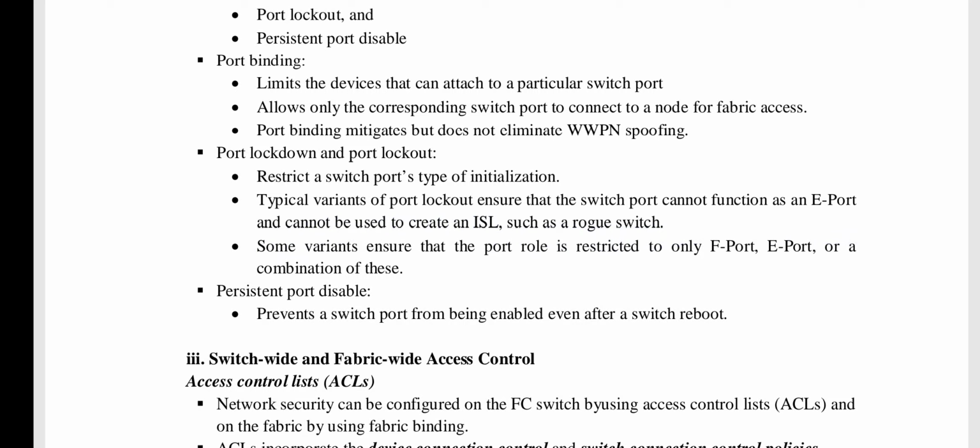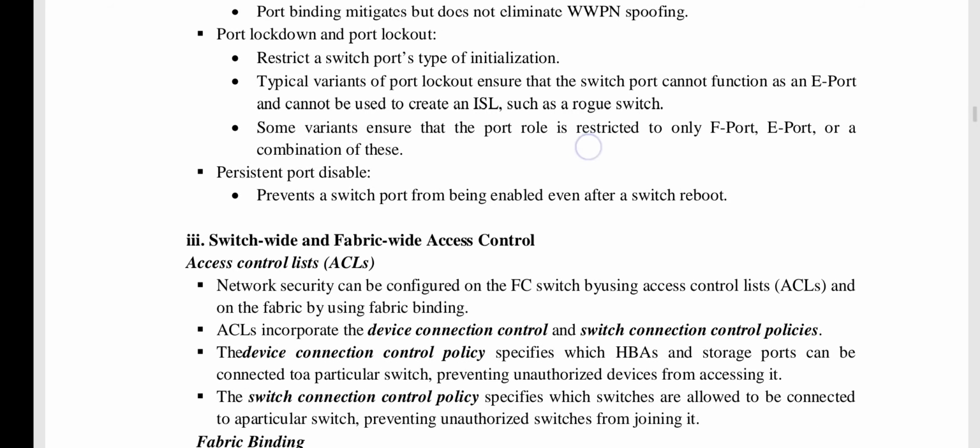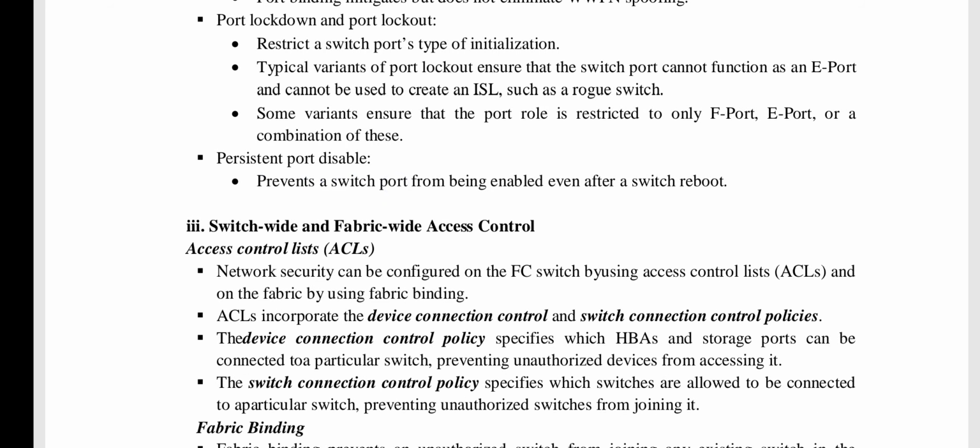We have studied that there are different types of ports, so different variants of the security mechanism make only certain types of ports function. Maybe it allows only F type to function, or E type to function, or does not allow E type to function. So variations are there. Next is persistent port disable, which prevents a switch port from being enabled even after a switch reboot. That is another mechanism, all in respect of ports.